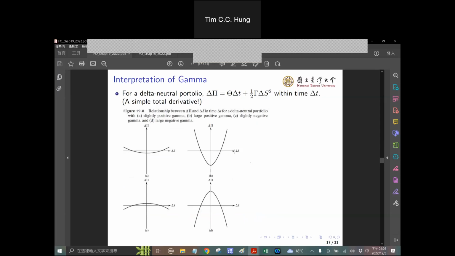So, like I said, let me erase this part. What is gamma? Gamma is expressed as, so she was asking, what is the relationship between gamma and also delta?